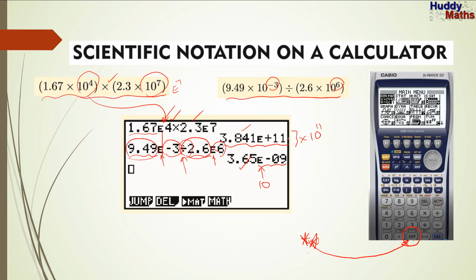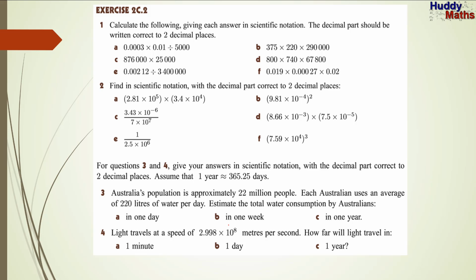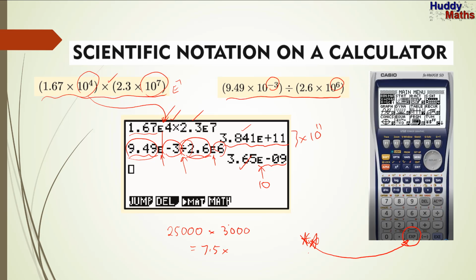So just write what's there now, because you might not put it in scientific notation, you might put a big question in like this, times by, I don't know, 3,000. And if you put that on the calculator, it's going to come out as 7.5 by 10 to the 7th.